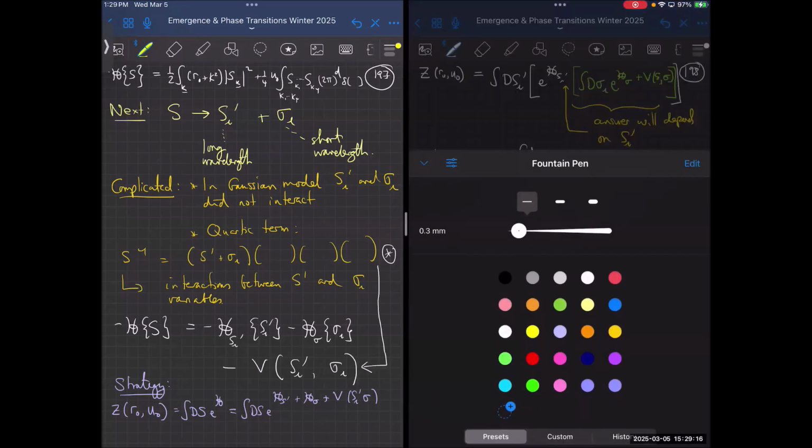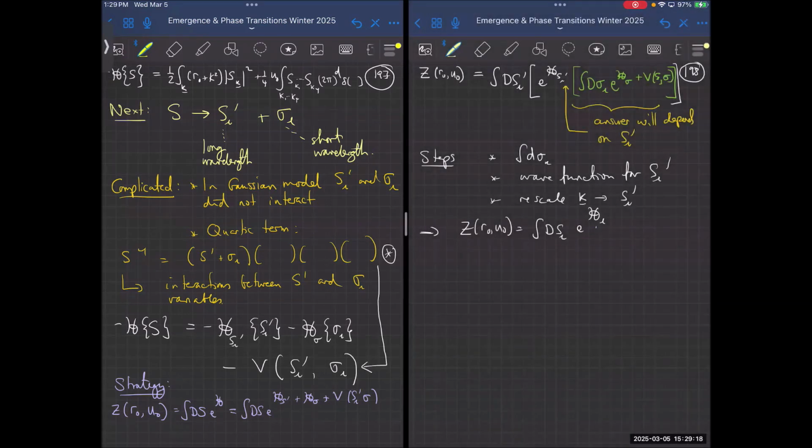And then from this, we can read off the renormalization group recursion relations.